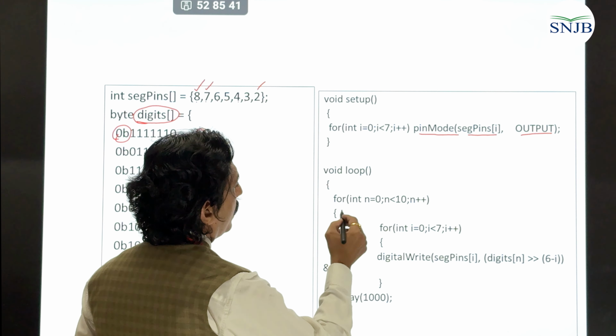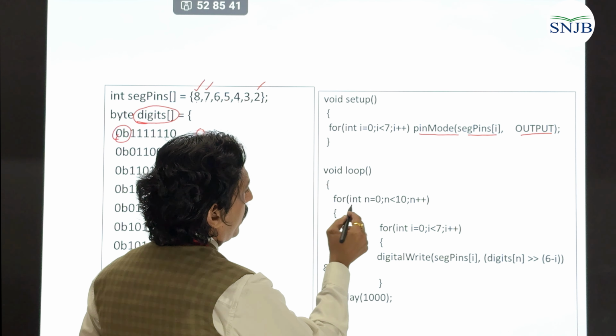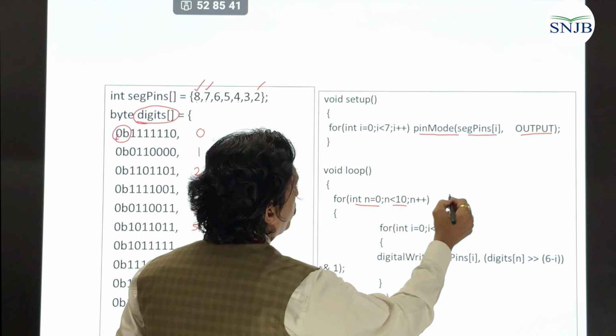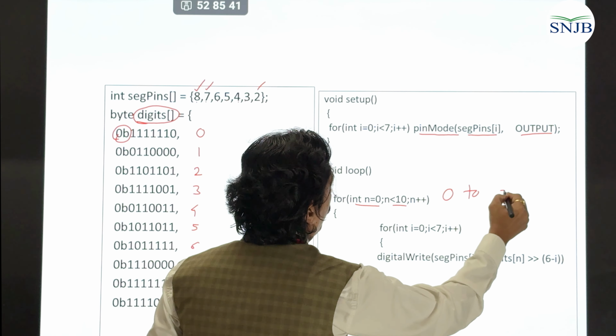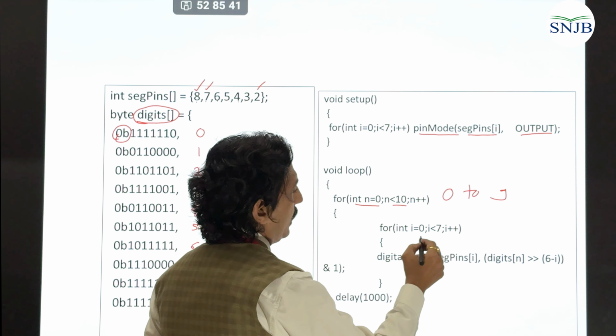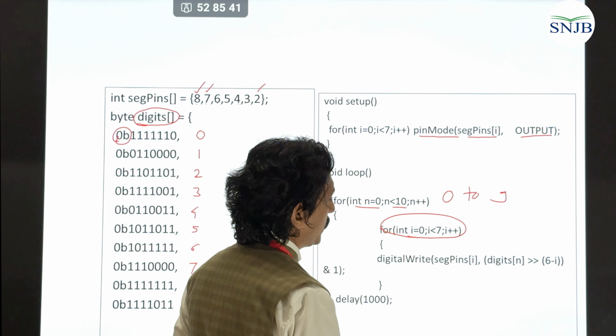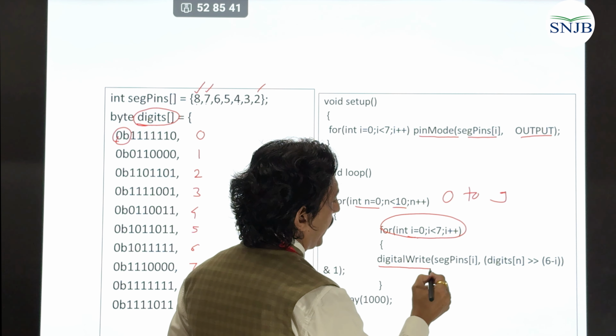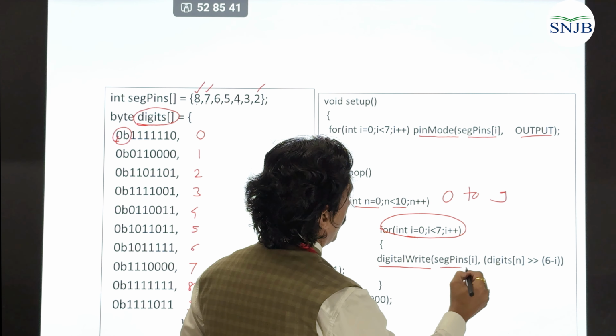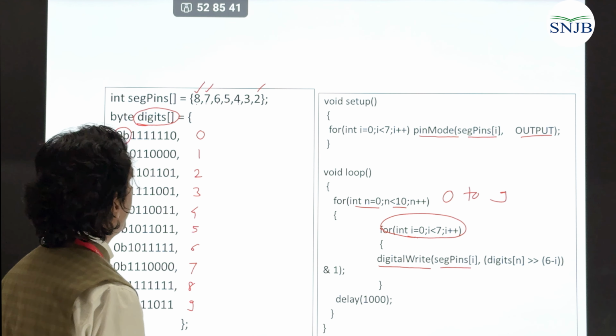And in a loop, for display of 0 to 9, for these 6 pins, we are digitally writing the segment of the pins.